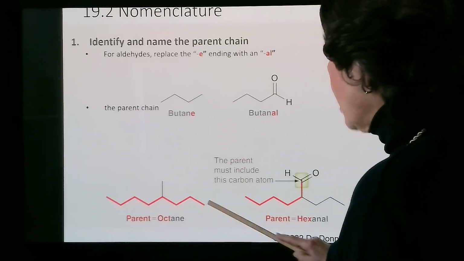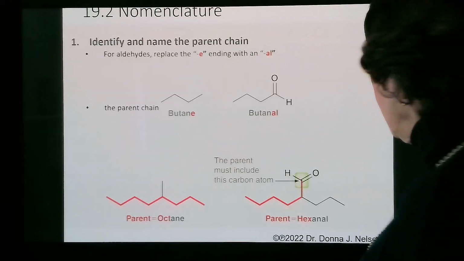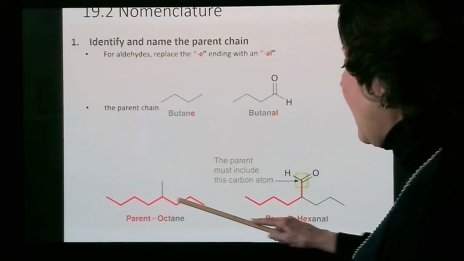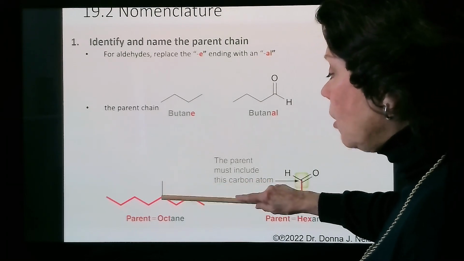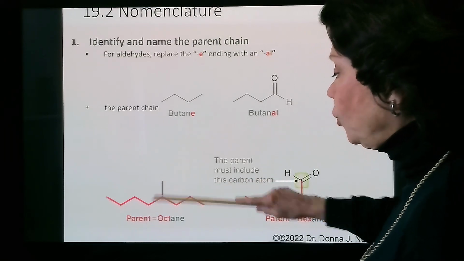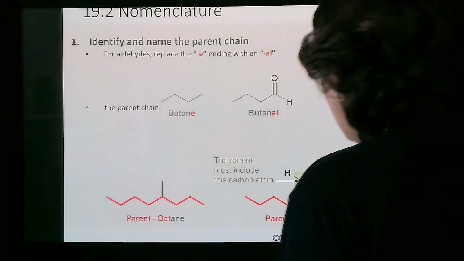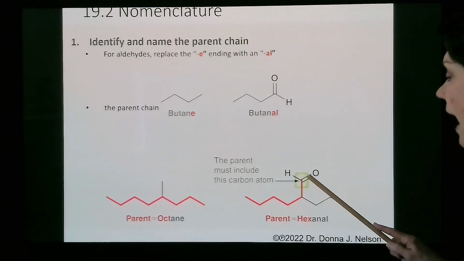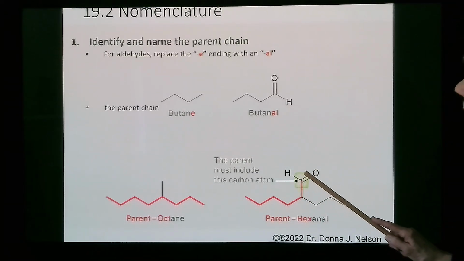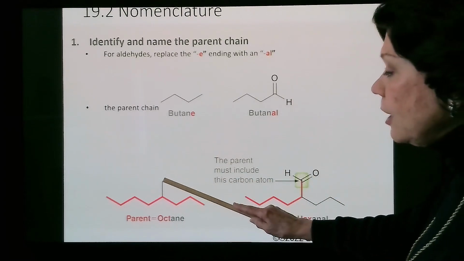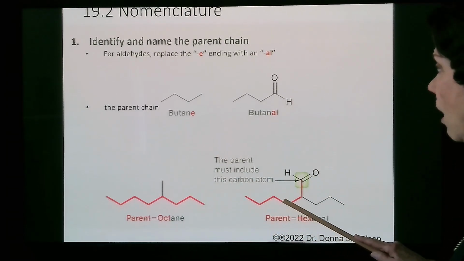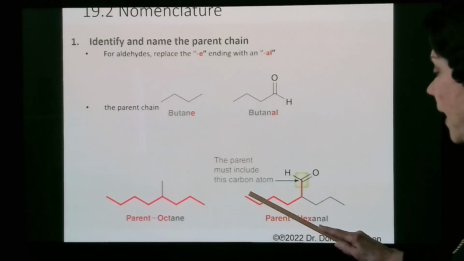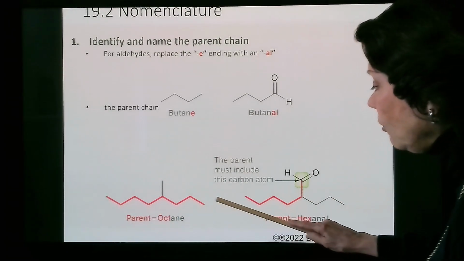So there are 8 carbons in this alkyl chain, and you have a 1 carbon substituent here. However, if there is a functional group attached to this carbon, that no longer becomes the parent. This is no longer the parent.